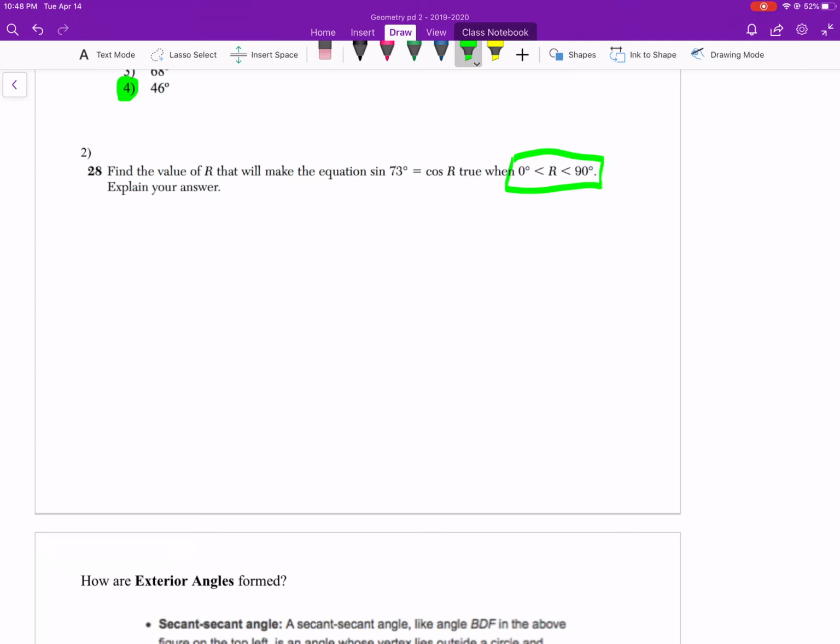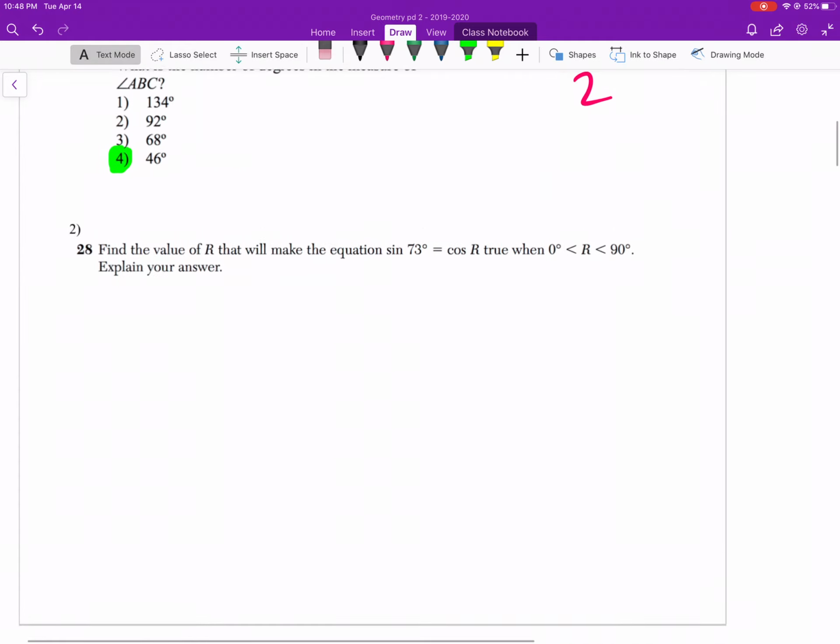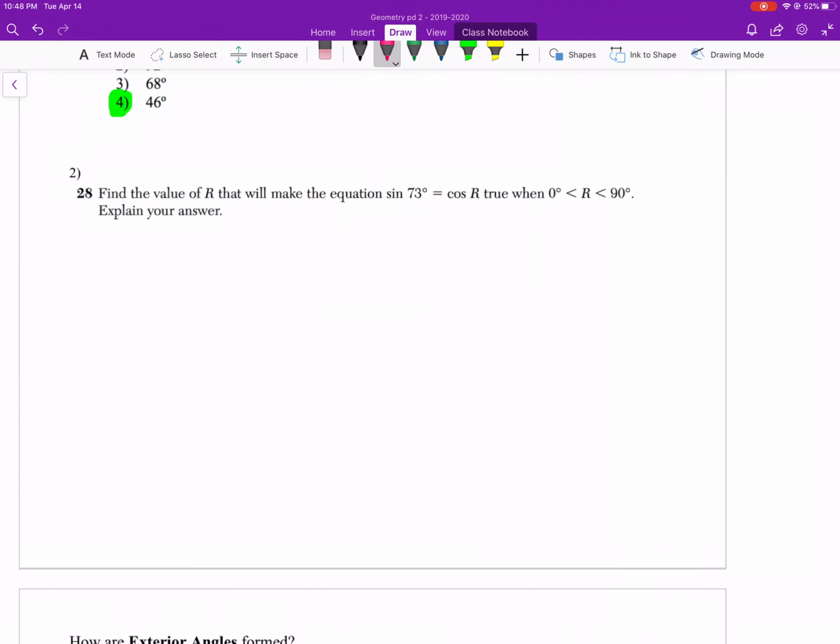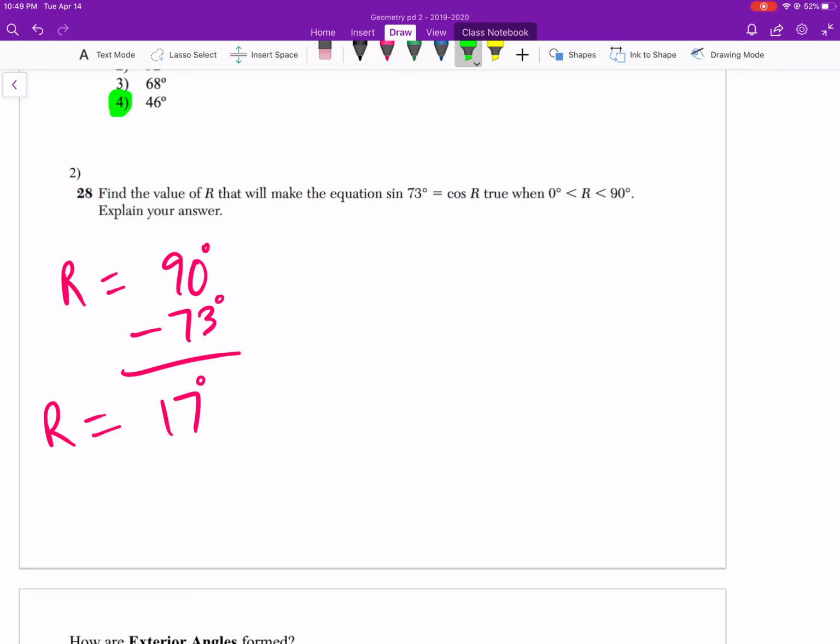So when it's acute, explain your answer. You might remember questions like this, but the big idea to find r is to take 90 degrees and subtract off that 73 degrees to get 17. That would get you 1 point. Now why is that true?